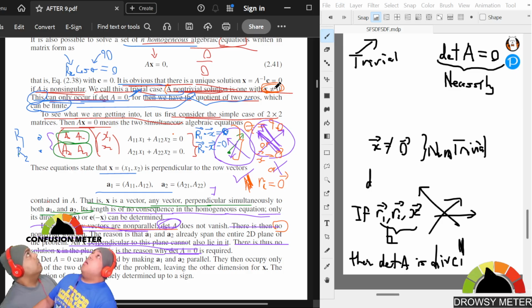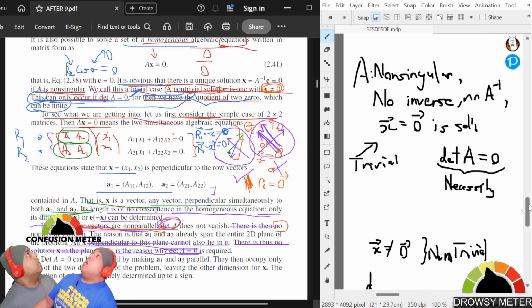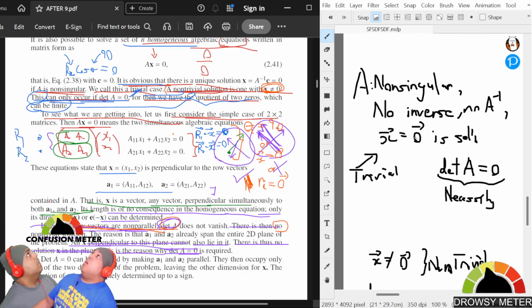X is 0. Is that what we're saying? If the two row vectors are non-parallel, determinant A does not vanish, and x is nothing.